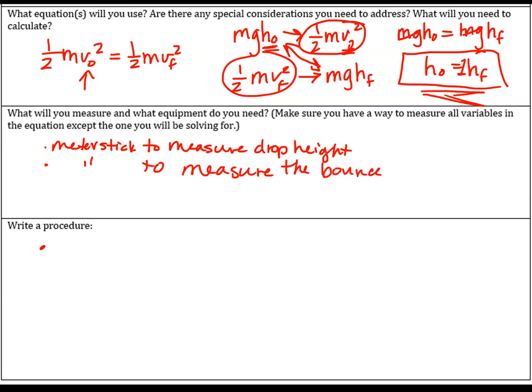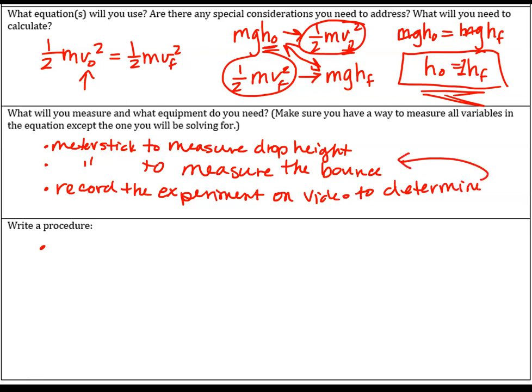Now, the one other piece of equipment that I would like to use to make it more accurate is to record the experiment on video to determine the bounce height. It's just going to make it easier because it'll make it more accurate to see, because if I just estimate it based on what I see, I'm more likely to be incorrect.